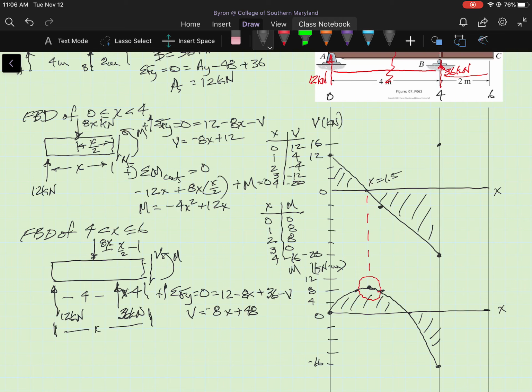And when x equals 6, the shear is back to 0. Okay. So that represents the shear in the segment of the beam between 4 and 6 meters.